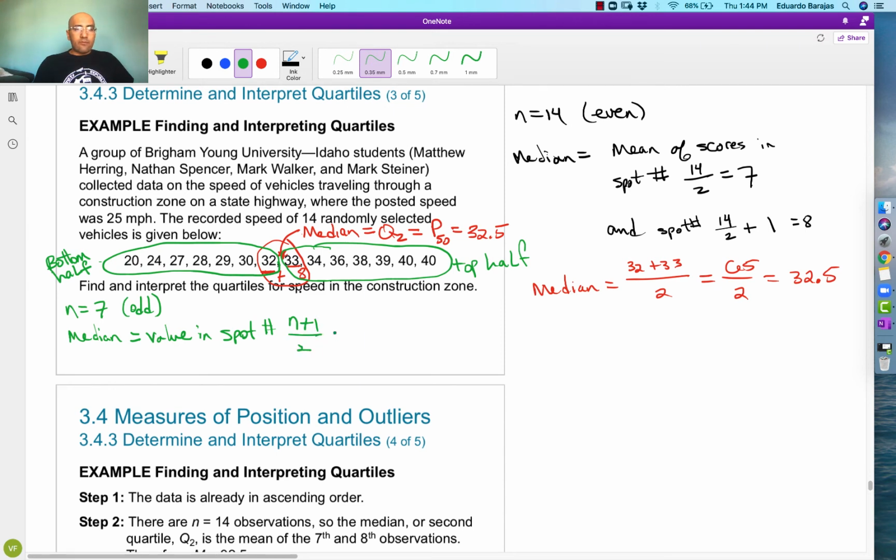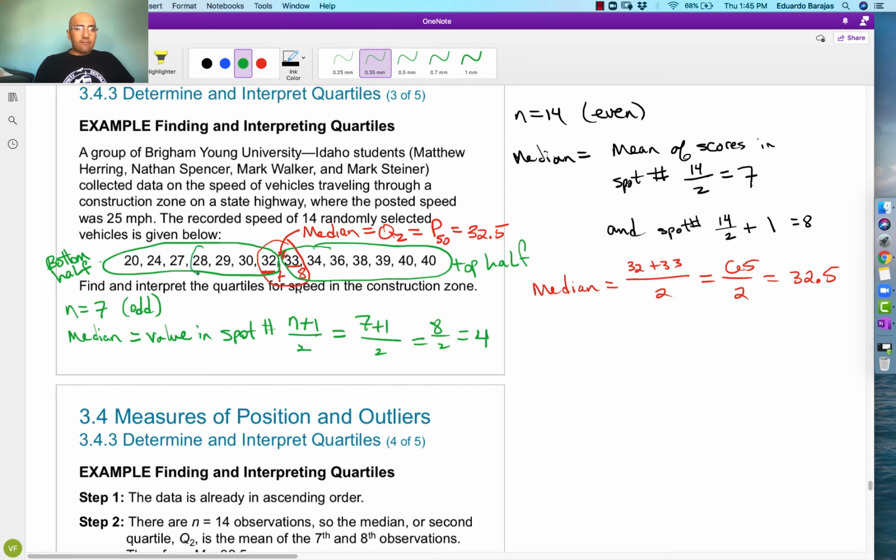In our case, that's 7 plus 1 divided by 2, which equals 8 divided by 2, which equals 4. So the value in the fourth spot is the median of the bottom half: 1, 2, 3, 4.